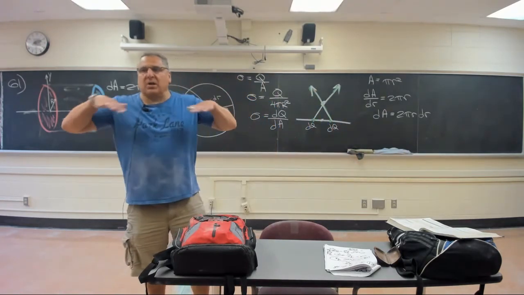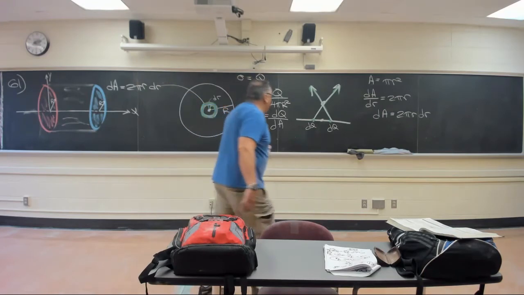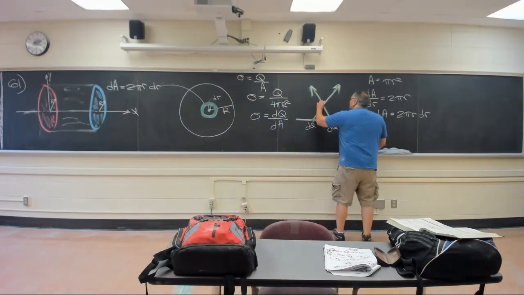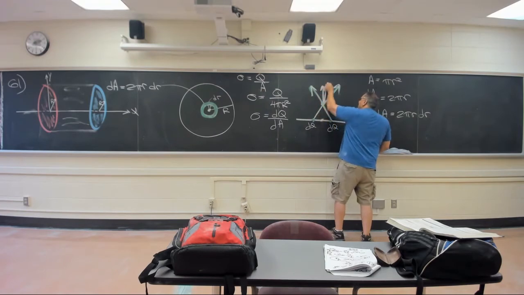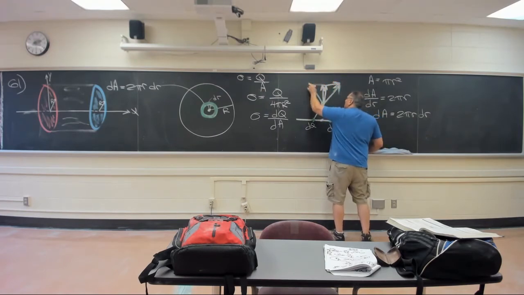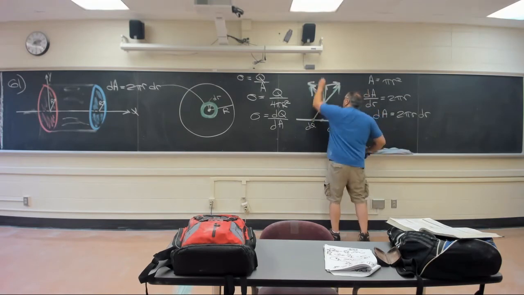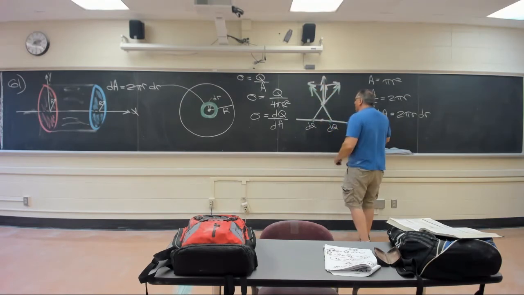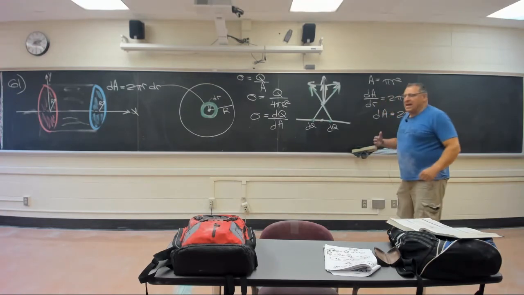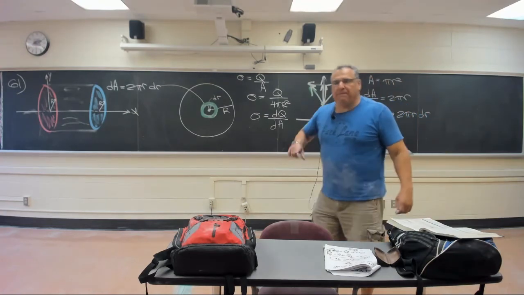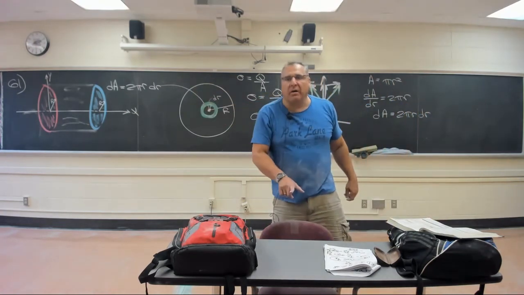All the horizontal elements of the E fields are going to cancel out. You got this guy, you got that guy, these cancel. The net situation is going to be a net E field straight up, nowhere else.